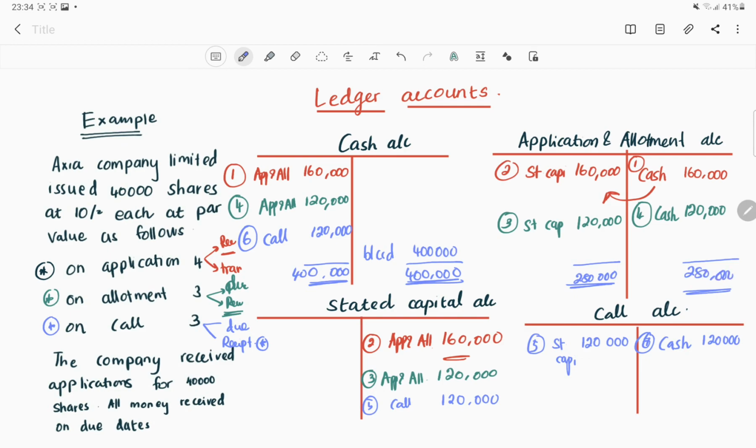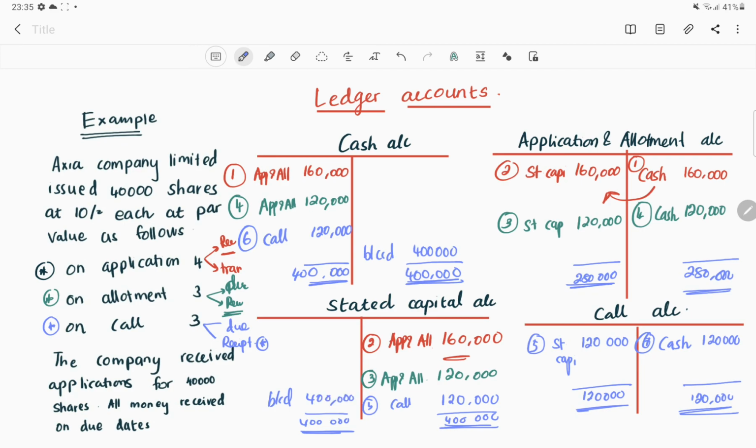So the application and allotment account is completely closed, since whatever entries we recorded from the cash account has been taken out from here and put into the stated capital account. In the same way, the call account is also completely closed on 120,000 on both sides, since what we got from the cash account has been taken out and sent to the stated capital account. And when we balance the stated capital account, you get 400,000 here and here. So the balance carried down of the stated capital account would be 400,000.